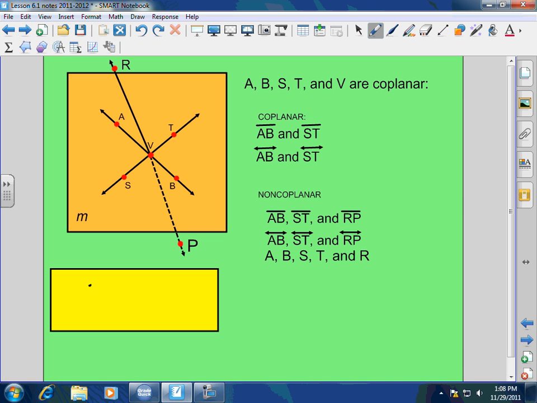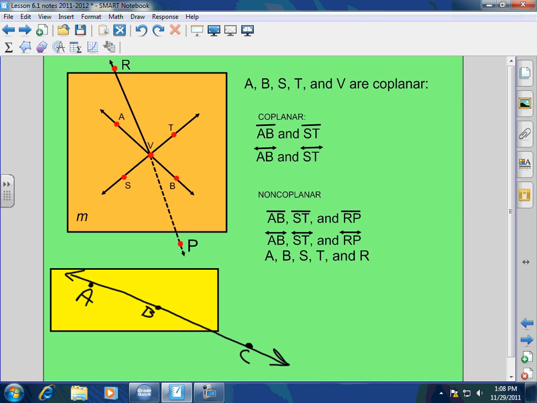So if I have a point here, and a point here, and a point here, and I call this A, B, and C, and I connect the dots to make a line, all of those are coplanar, because it is like taking a flat piece of paper and drawing a line on it and continuing on an infinite table.